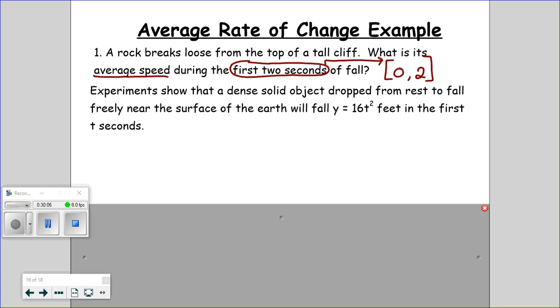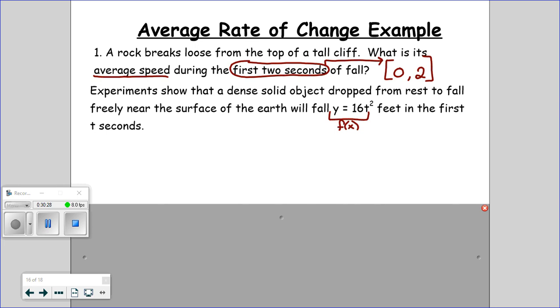The next part gives me my function. Experiments showed that a dense object dropped from rest to fall freely near the surface of the Earth will fall at this rate, y equals 16t squared feet in the first t seconds. So here is my f of x, or my function, that I'm going to be putting into our formula. If you remember, average speed is just going to be your slope formula.